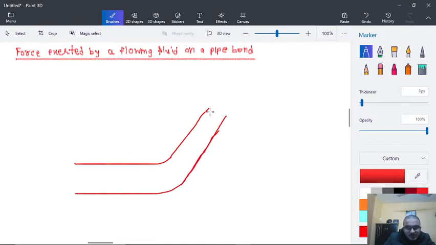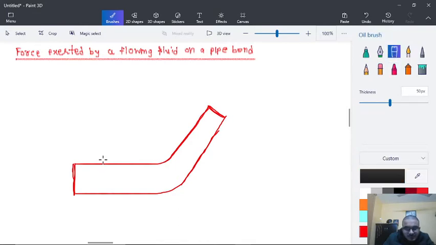We will consider this as a pipe bend. We are going to take two different sections.